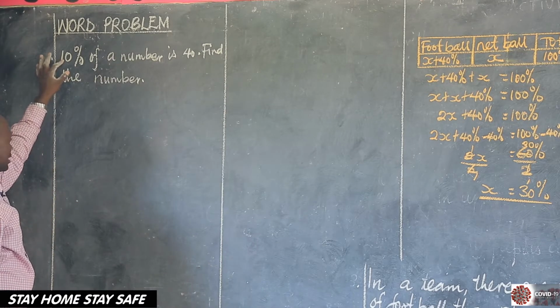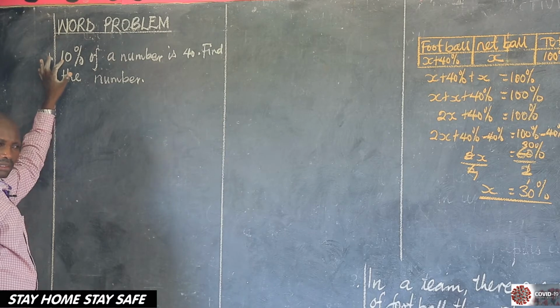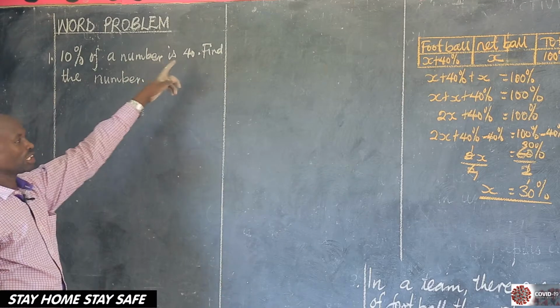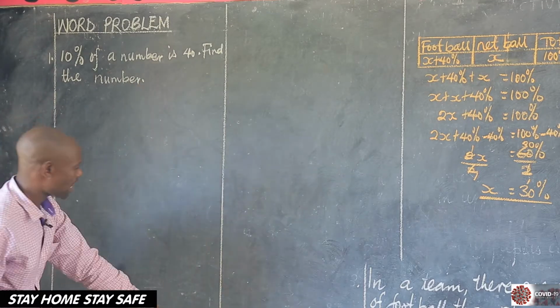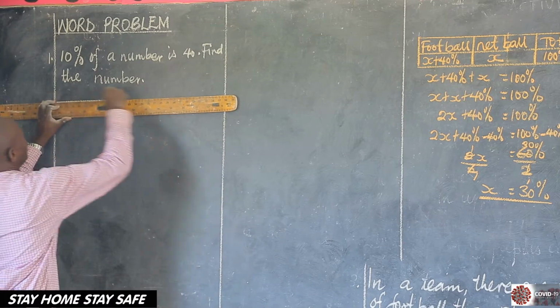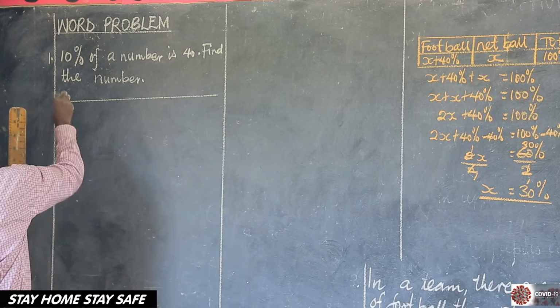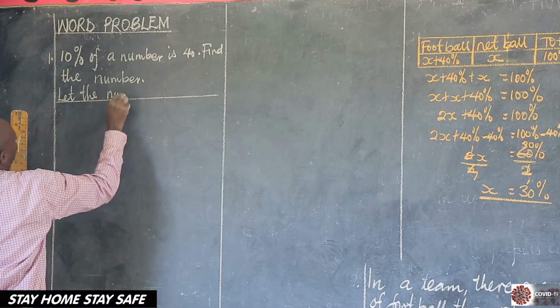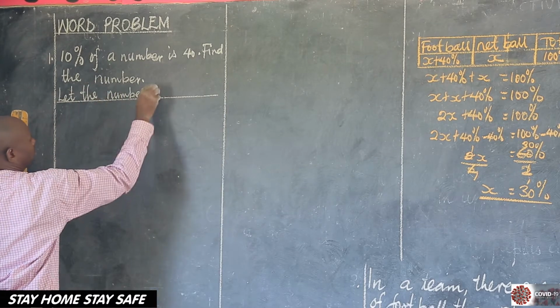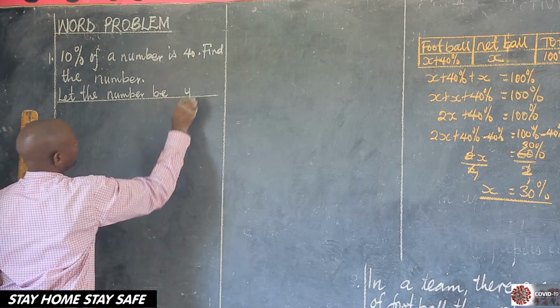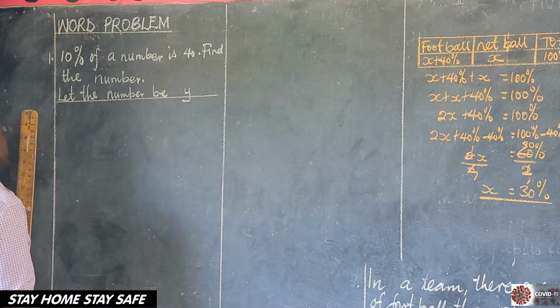What does this one mean? That when you get 10% times a certain number which I don't know, you will get 40. So what do we do in this case? We say, let the number be any letter. You can say, let it be y.